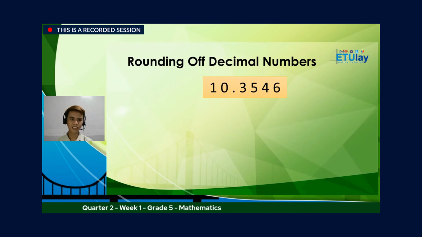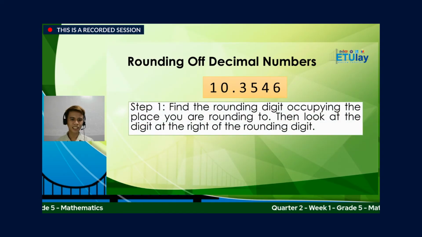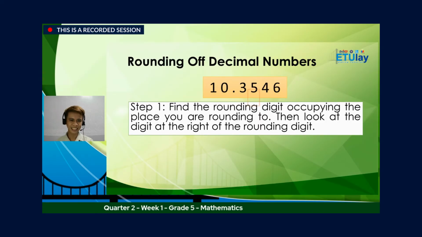So pwede na tayo mag-proceed dun sa ating first step, which is find the rounding digit occupying the place you are rounding to. Sabi kanina din sa situation, round the nearest hundredths. Ano nga ba ang digit na nasa hundredths place? Yes, it is 5. Ating rounding digit ay yung 5.